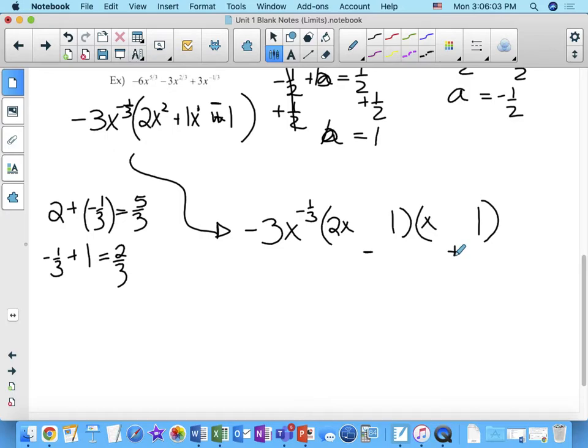This would be 2x minus x. 2x minus x, that's positive 1x. That doesn't work. So I'm going to switch it. Plus, minus. Now I'm going to have negative 2x plus x. Negative 2x plus x is negative x. Does that make sense?